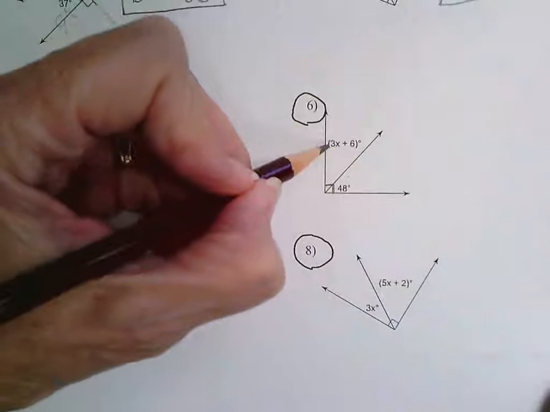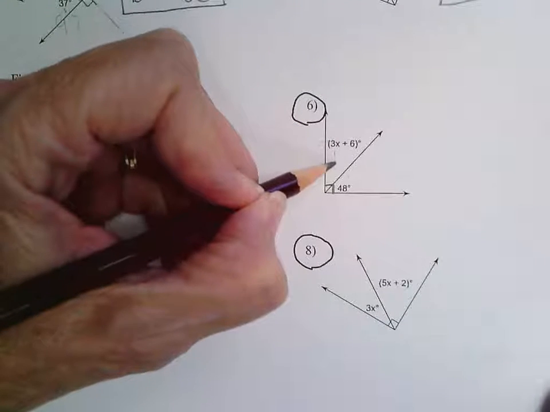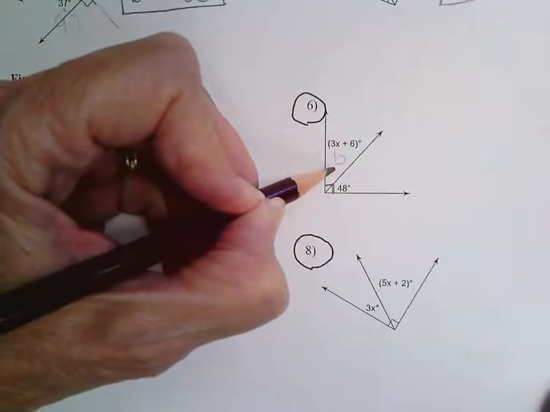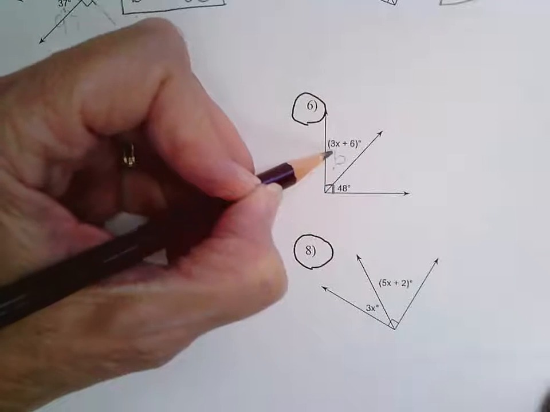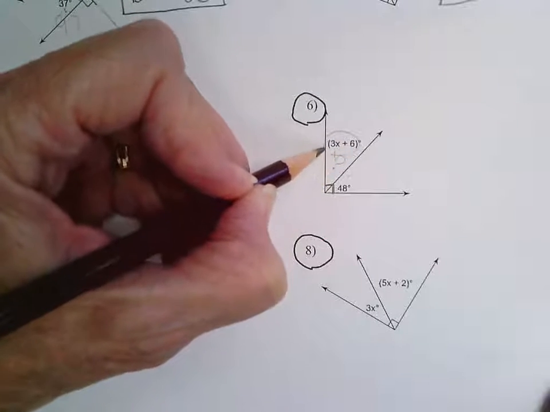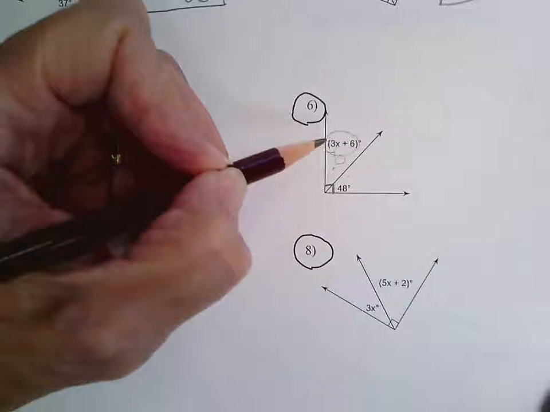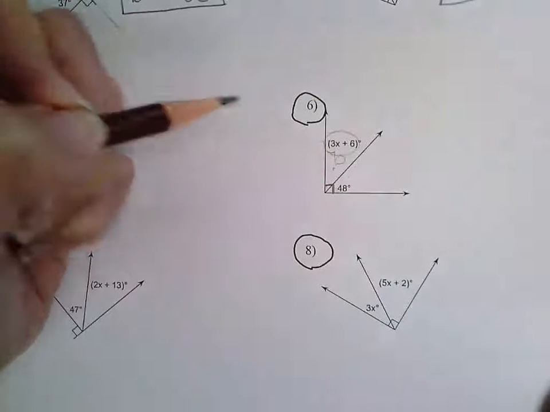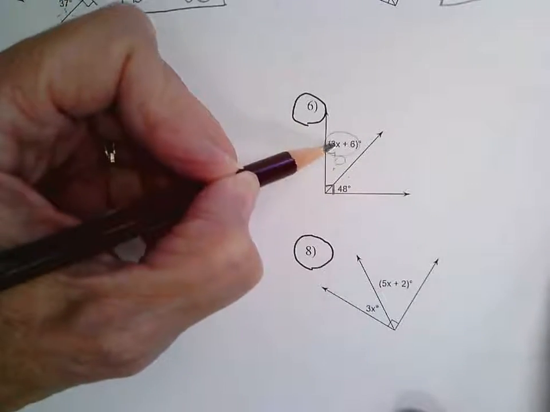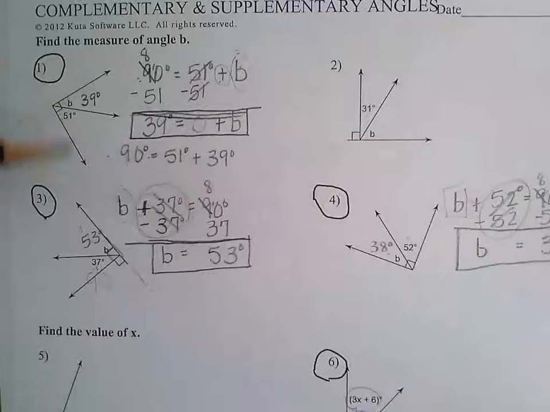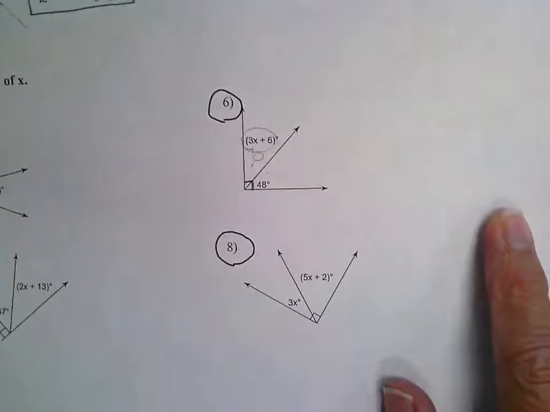But this time, instead of just giving us one letter for this value, they've given us an expression. And so we're going to treat the expression similarly to how we treated b. And instead of b, as they used up here, they changed to x, which is not a big deal.